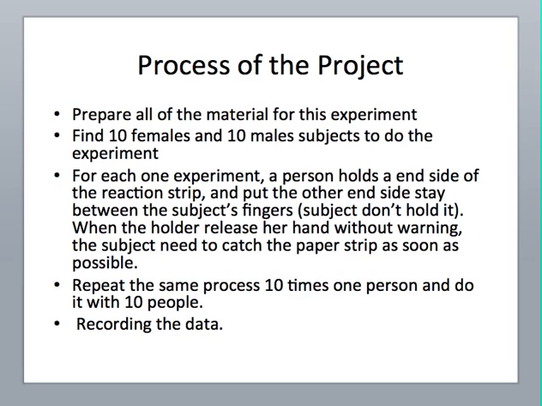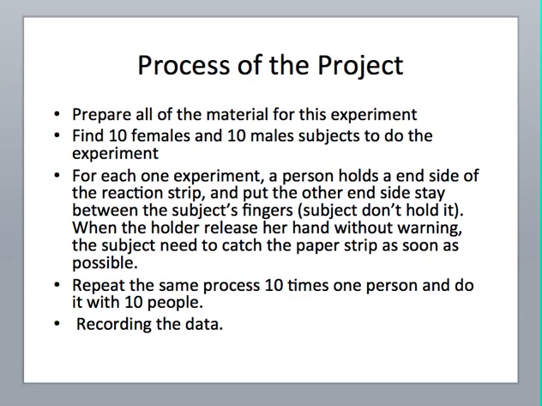And here's the process of the project. First, I prepared all of the materials for the experiment, and then I found 10 female and 10 male students to be the subjects of the experiment. For each experiment, a person holds one end of the reaction strip and puts the other end between the subject's fingers.